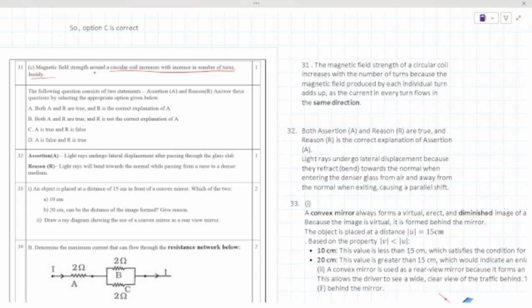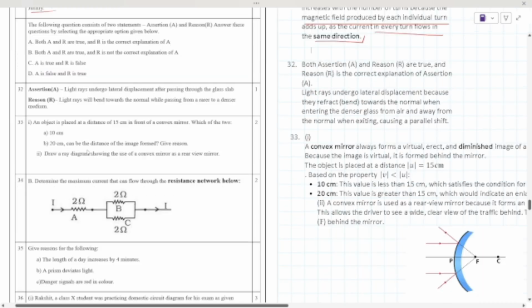As we increase the number of turns, the magnetic field will get stronger because more current flows. Now see the explanation. In a circular coil, the magnetic field produced by each individual turn adds up, as the current in every turn flows in the same direction.